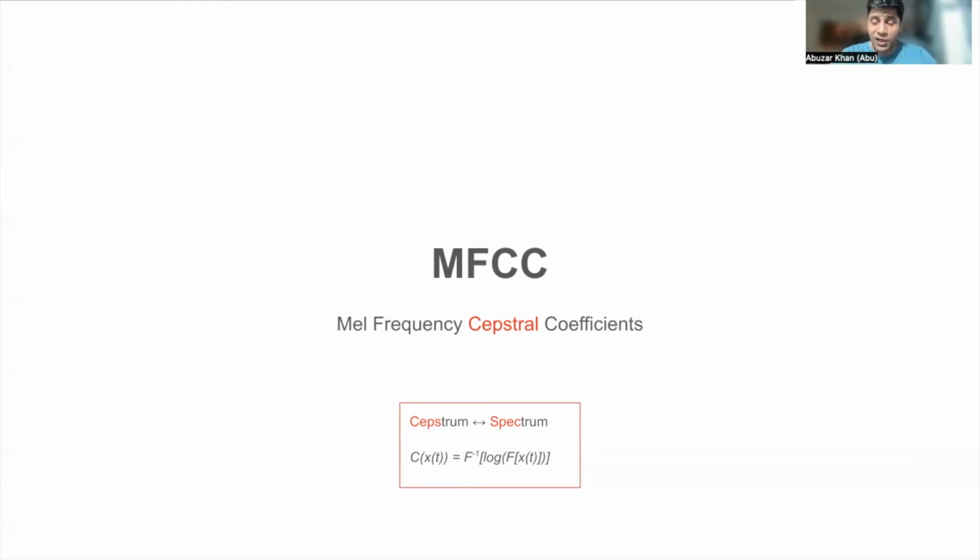The function here is a Fourier transform, and we'll get into it later. But since you apply the inverse of the function you apply inside, the people who researched this just decided that it's fine if we just flip the first half of the word and call it cepstrum instead of spectrum. There are a whole host of terms associated with this, such as quefrencies instead of frequencies, or harmonics instead of harmonics. It's kind of funny, but yeah, that's how it came to be. So with that, let's really look at how these are produced.